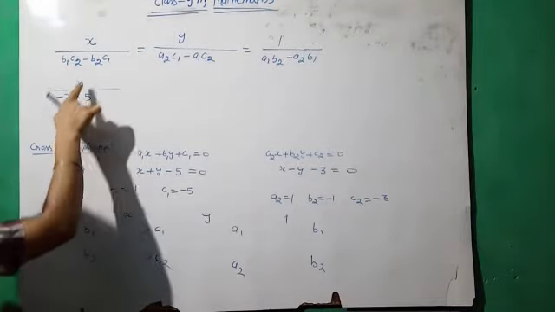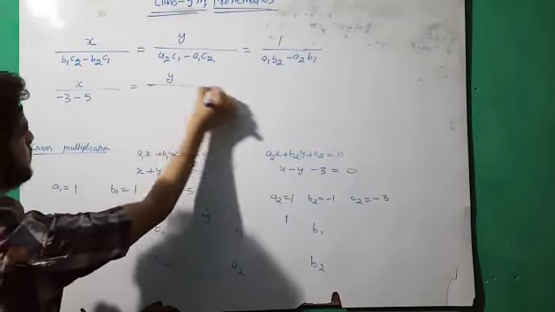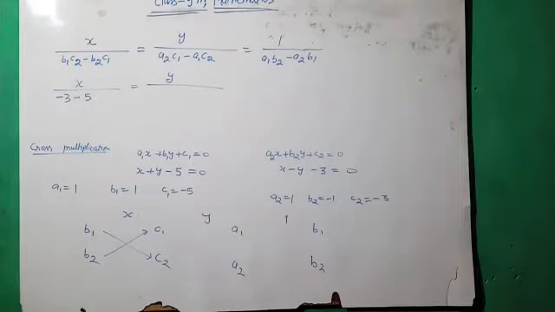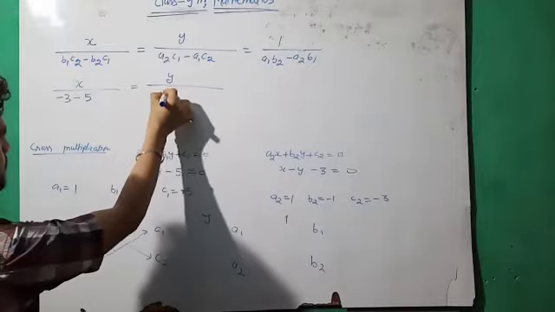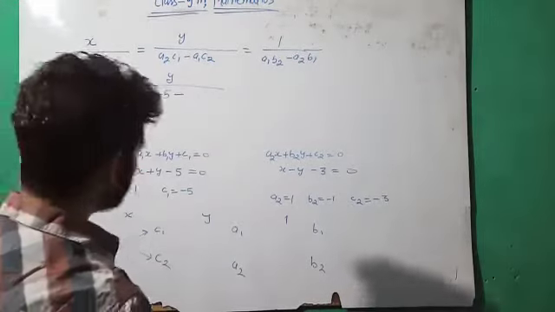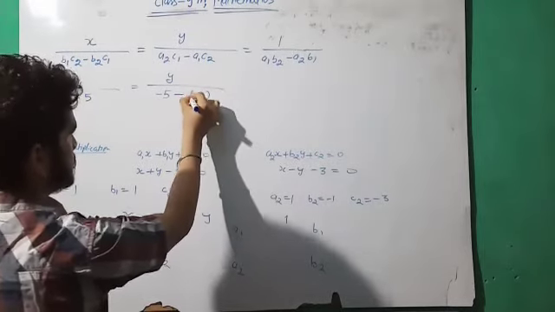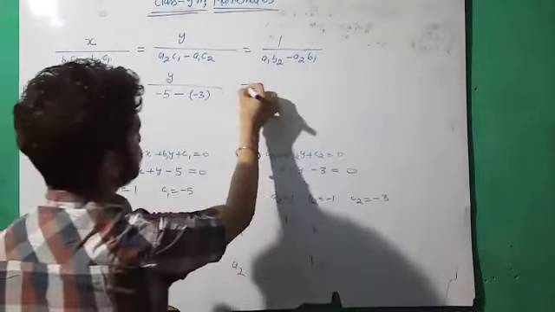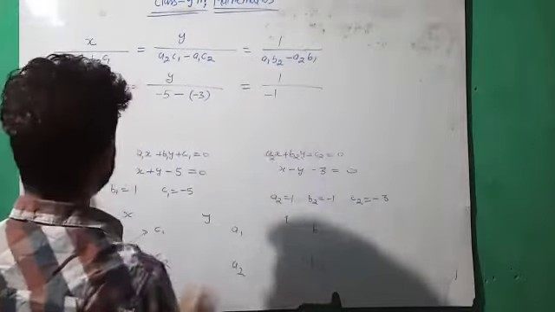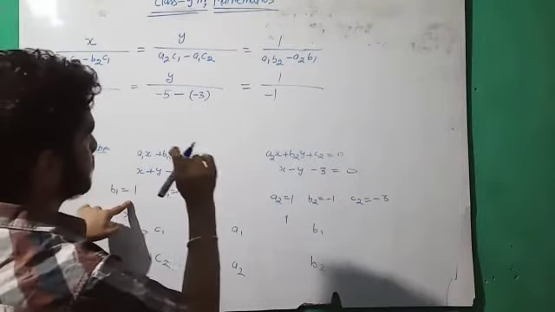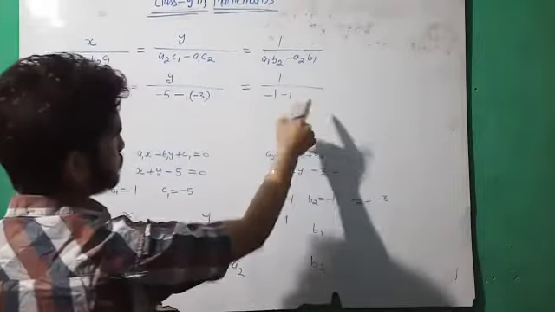Again y upon a2 c1, that is 1 into minus 5, minus 5, minus a1 c2, 1 into minus 3, this is minus 3, placed in brackets. Now 1 upon a1 b2, 1 into minus 1, minus a2 b1, which is minus 1.